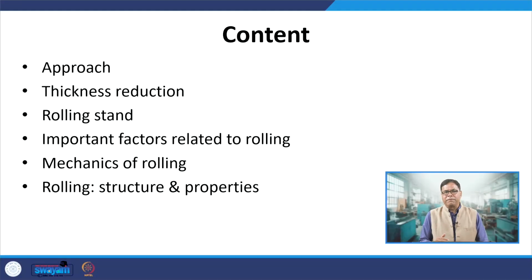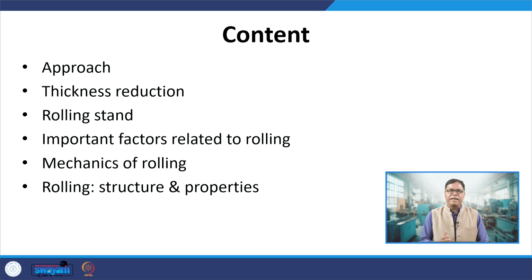As far as the content of this presentation is concerned, we will cover the approach of rolling and one of the parameters related to rolling, which is thickness reduction, like how much reduction in thickness is realized after rolling in one pass. Then the rolling stand, which are the systems used for rolling, and the various factors associated with rolling, like the speed or the temperature conditions that will affect the rolling.